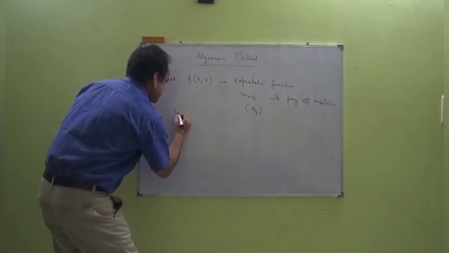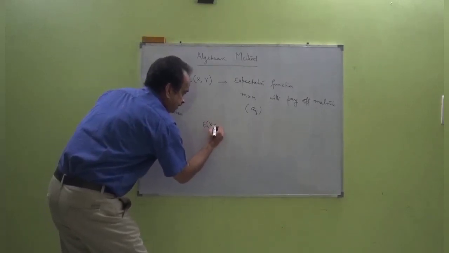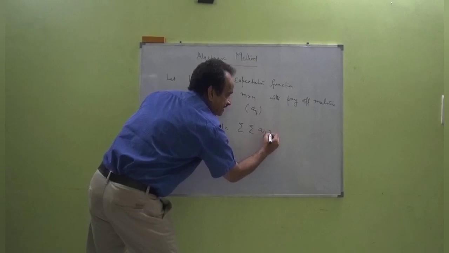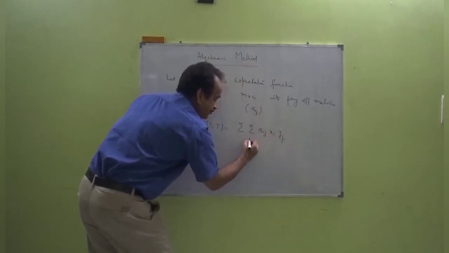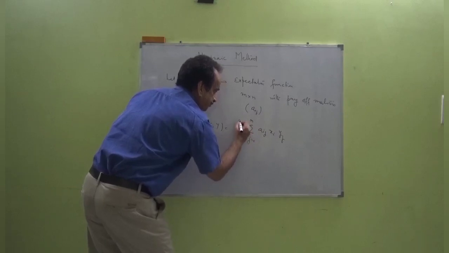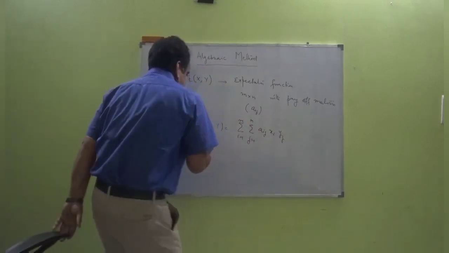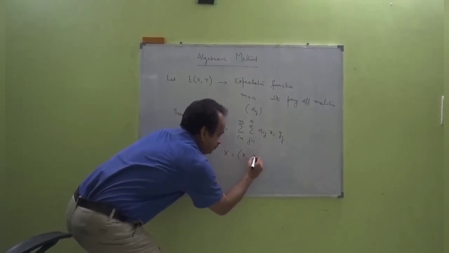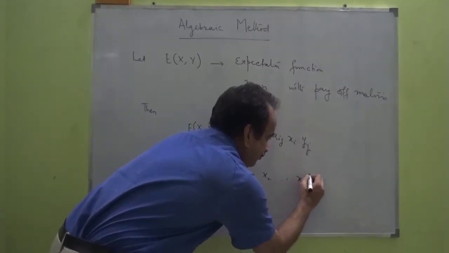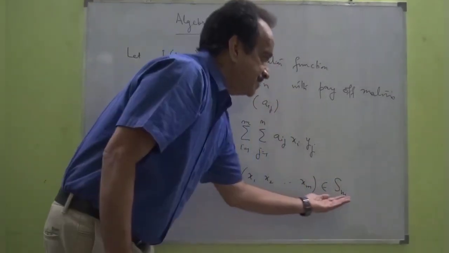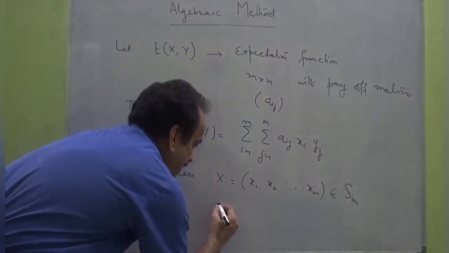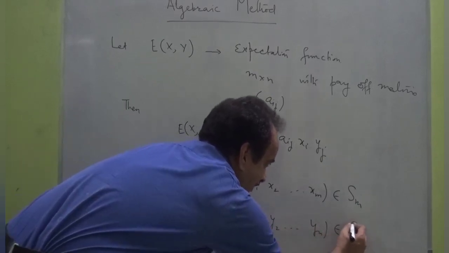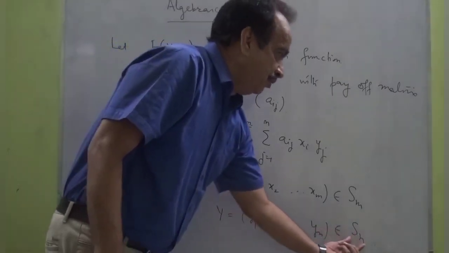Then what is E(X,Y) equal to? E(X,Y) is given by the double summation of a_ij x_i y_j, where j varies from 1 to n and i varies from 1 to m, where X = (x1, x2, ..., xm) belongs to Sm, the set of all mixed strategies for P1, and Y = (y1, y2, ..., yn) is in Sn, the set of all mixed strategies for P2.